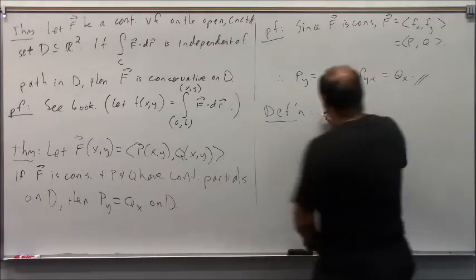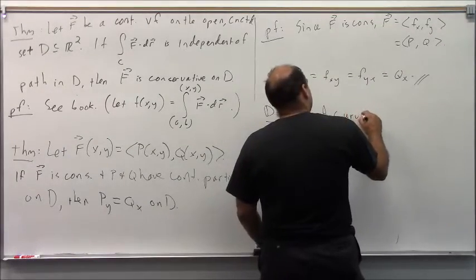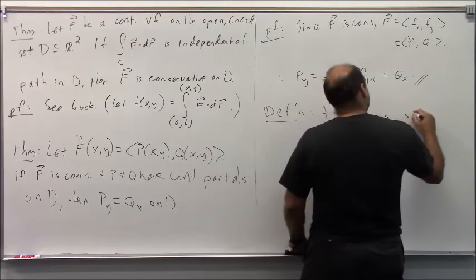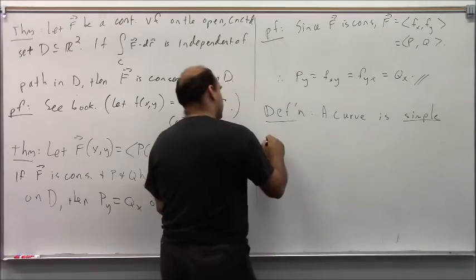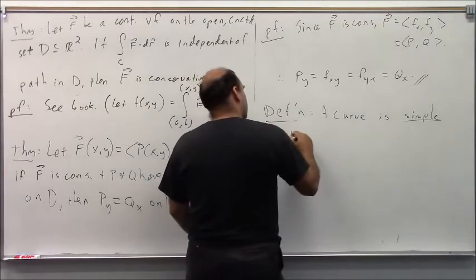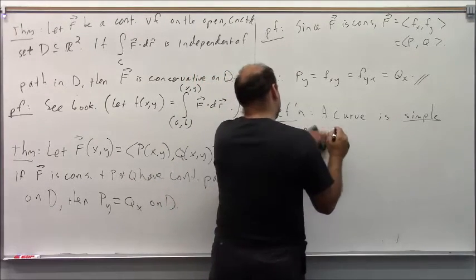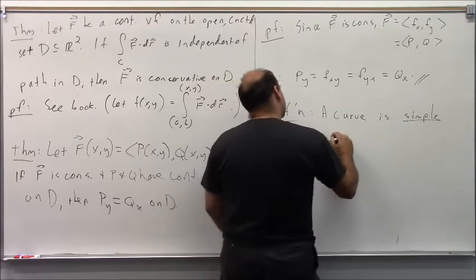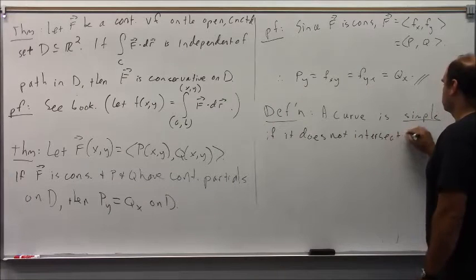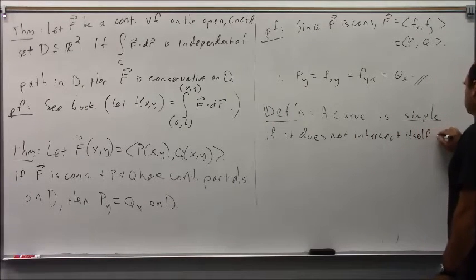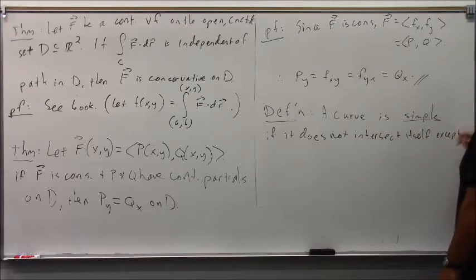First, a curve is called simple if it does not intersect itself except possibly at the endpoints.